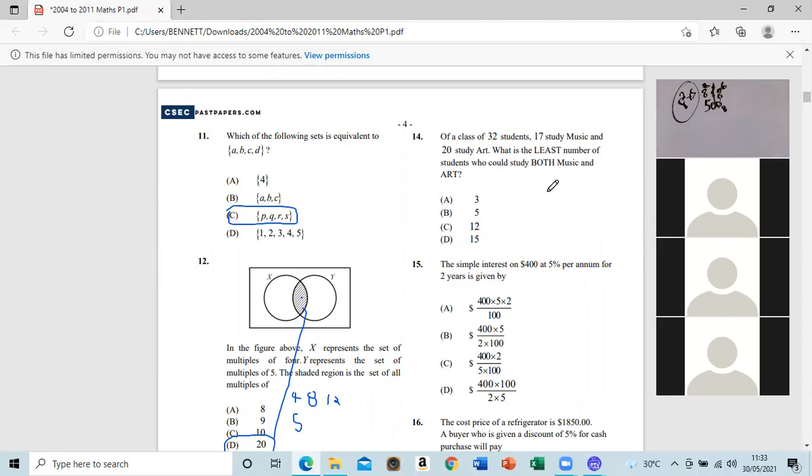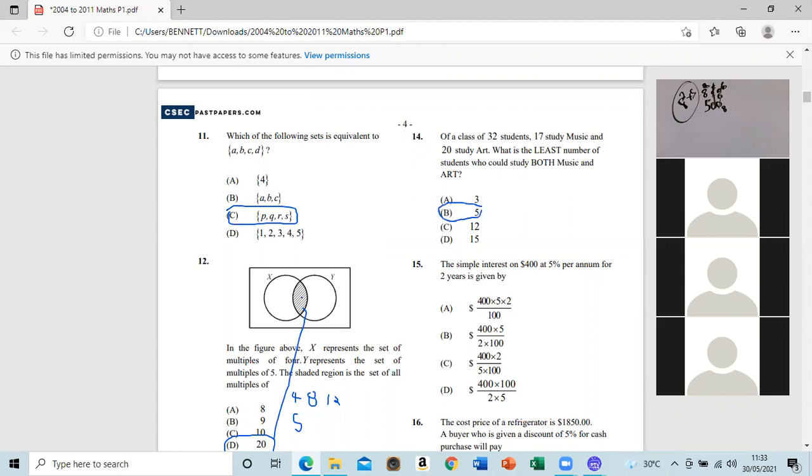How did you work it out? Sir, I added 17 and 20, I got 37, and I subtracted it from 32 because in total there are 32 students in the class. So that means 5 would study both. Yeah, and they say least.